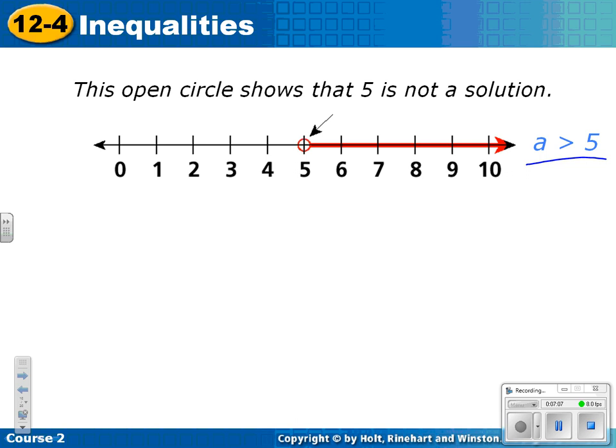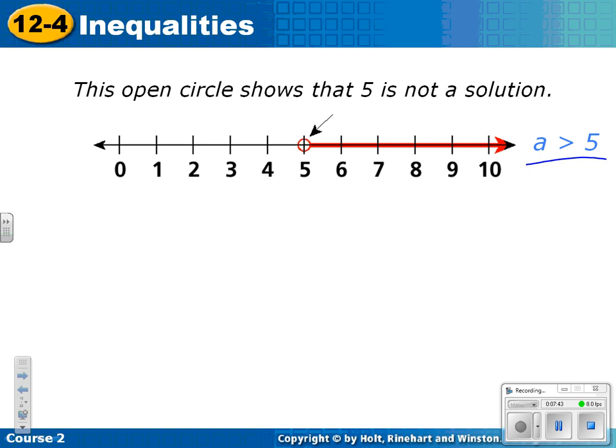A is greater than 5. So the way that you solve it is you have to draw a number line, and then you have to basically highlight everything that makes that statement true. Anything that is greater than 5. And on a number line, anything that's greater than 5 is going to be going to the right. Anything that's more than 5 is that way.